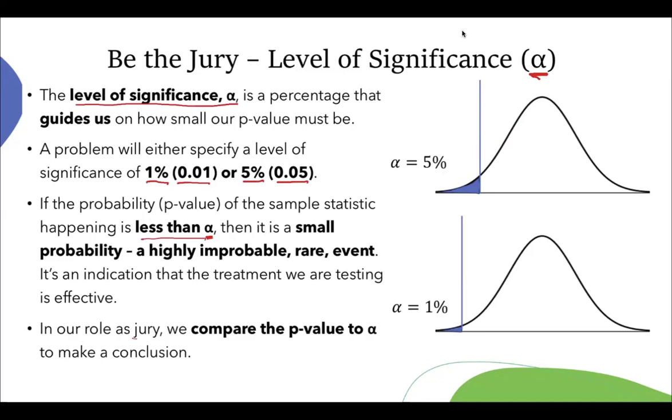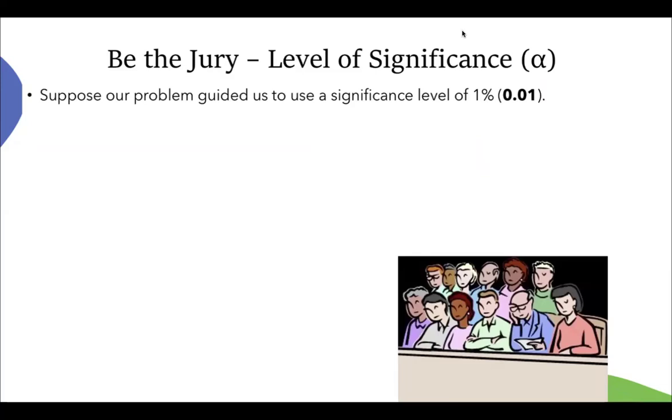When we are the jury and we make our decision, what we do is compare that p-value that we calculated to alpha, and we make our conclusion that way. So let's look at our p-value and alpha. Let's suppose that the problem guided us to use a level of significance of 1%.